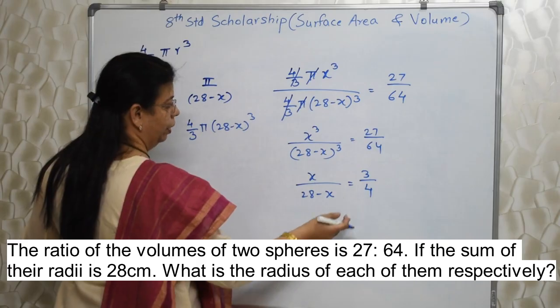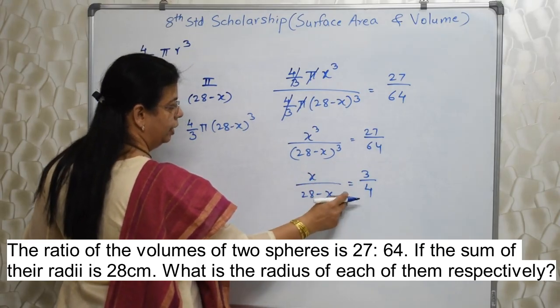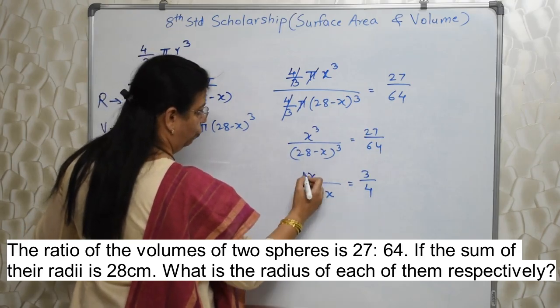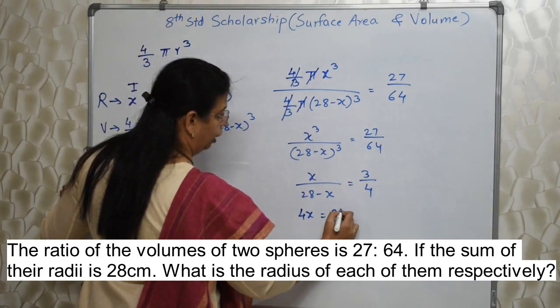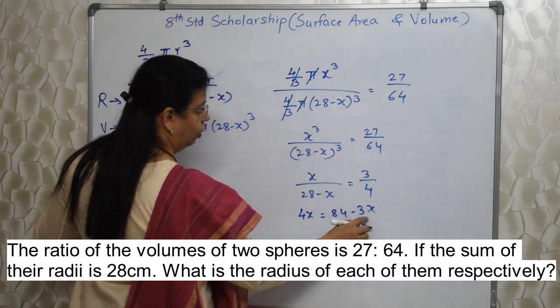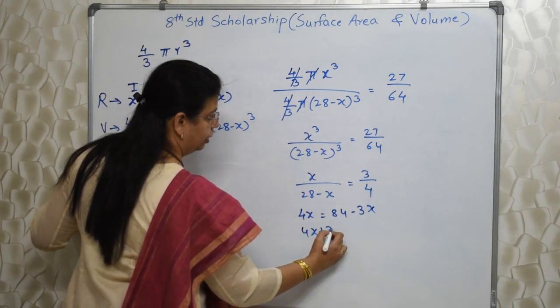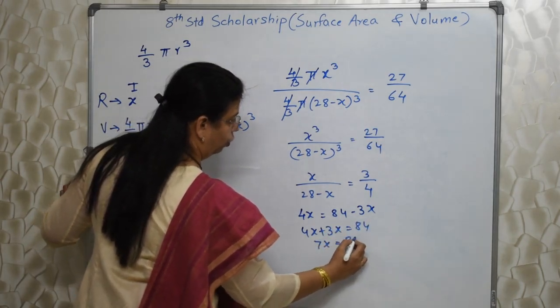Now it is very simple. Whenever numbers are written in the form of ratio on both the sides, with an equal to in between, you have to do cross multiplication. So 4x is equal to 28 into 3, that is 84, minus x into 3, that is minus 3x. Now this 3x we have to take to that side. So 4x plus 3x is equal to 84. So 7x is equal to 84.